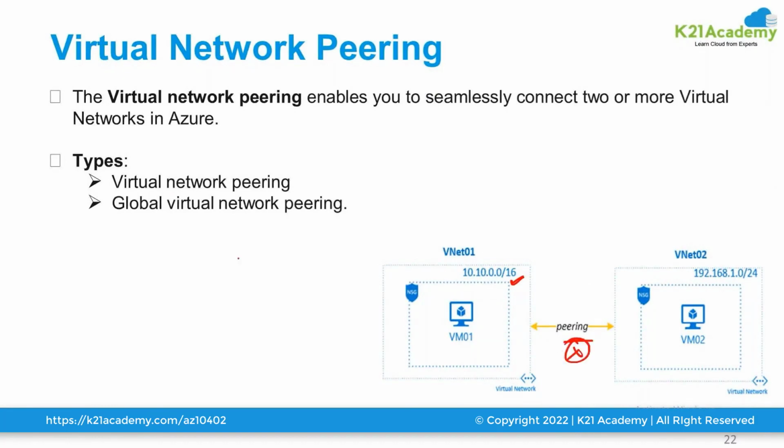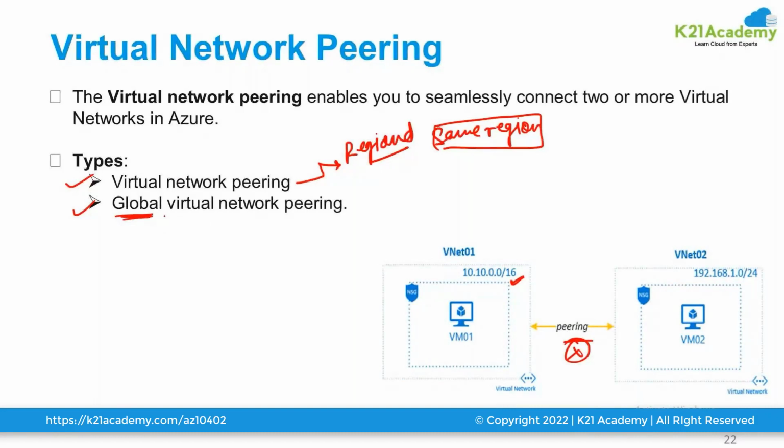Now, two types of peering are there. First one is virtual network peering, another one is global virtual network peering. So what is the difference? When your VNets are regional, right? When I'm saying regional, both the virtual networks belong to the same region, right? Then it is regional virtual network peering, because here the global prefix has been added.